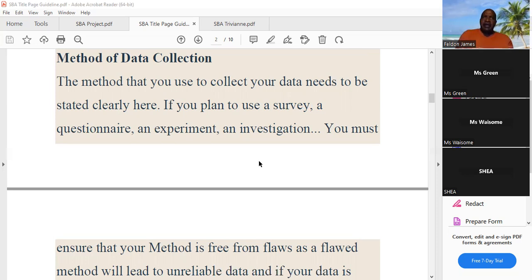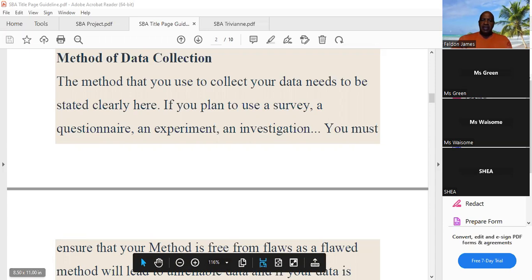All right, a survey is really going to collect data. You can use a questionnaire in your survey, but a survey is when you do a first-hand collection of data, meaning that you actually go directly to where you're collecting the data, and you may collect data either by questionnaire, you can collect it by interview, or so on.